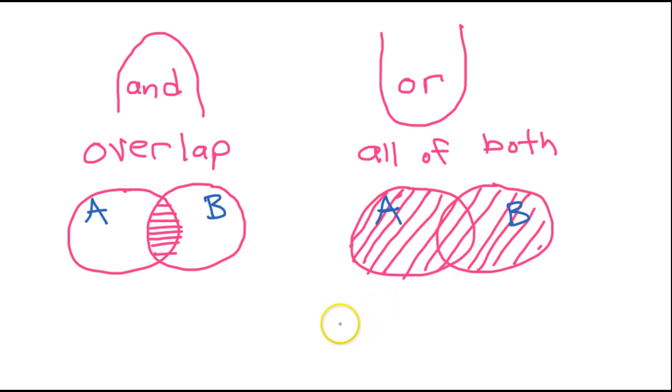Here comes the symbol that I mentioned. If I write A or B, that's how you would write that. And the formula is set A plus set B minus the overlap.